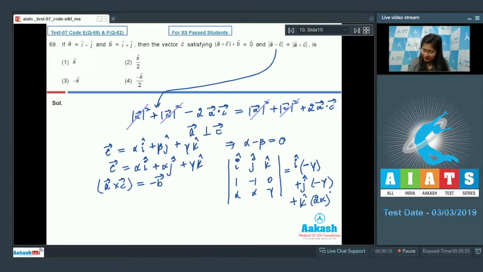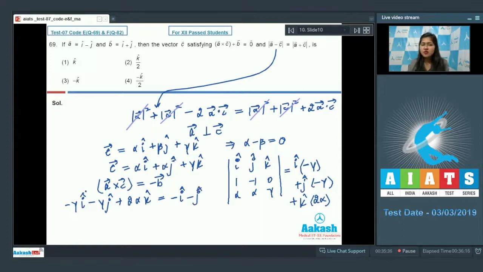So, we can say that a cross c vector is equal to minus gamma into i cap minus gamma into j cap plus 2 alpha into k cap. So, this is equal to minus b vector, that is minus i cap minus j cap.